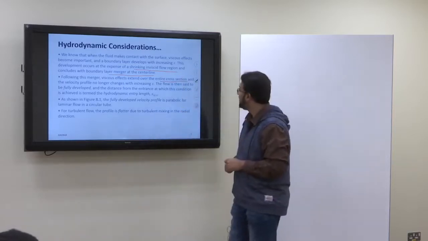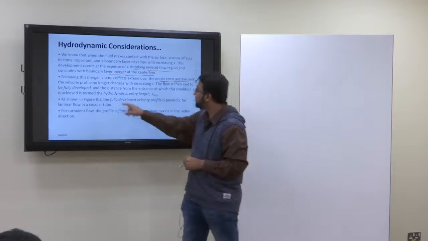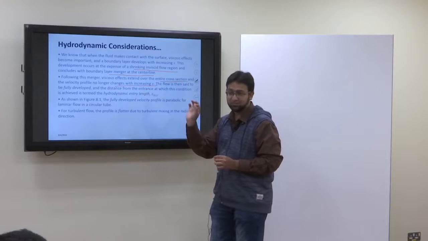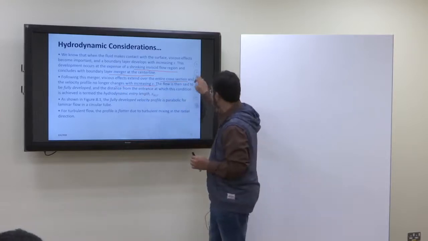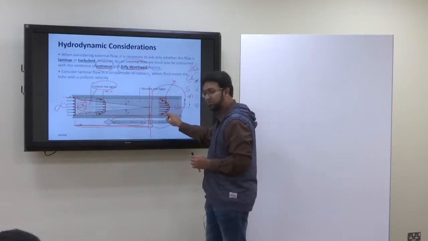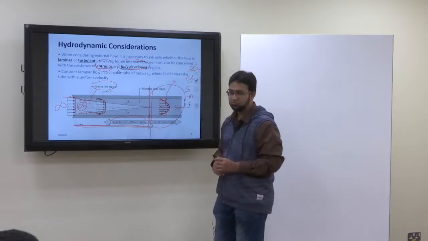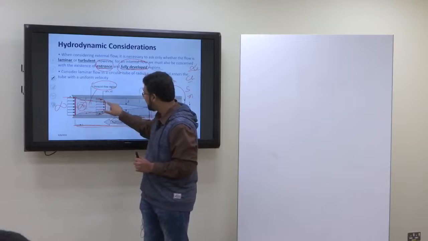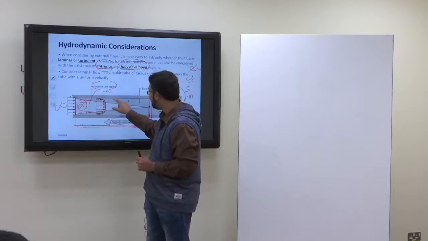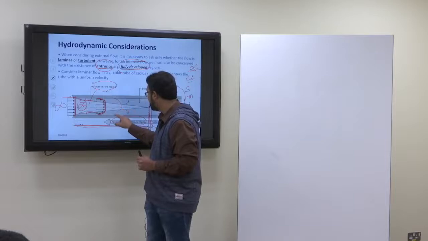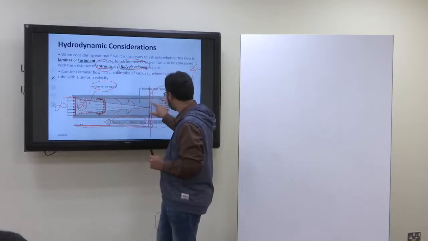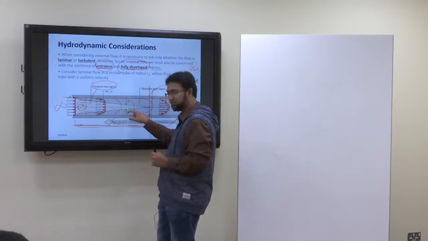The velocity profile no longer changes with increasing x. So now the velocity profile is developed. It's this shape, it's developed, and then it does not change at all. Initially the velocity profile was a straight line, then it was like this, then like this, then afterward like this, and a time comes when it becomes completely like this.